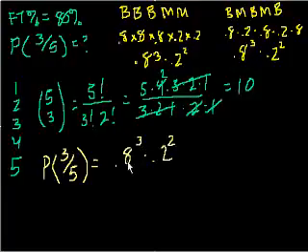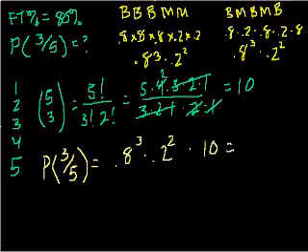I make 3, miss 2, and then times the total number of combinations. Each of these has a probability of this much, and there are 10 different arrangements that I could make. There are 10 different ways of getting 3 baskets and 2 misses. So times 10, and what does that equal?